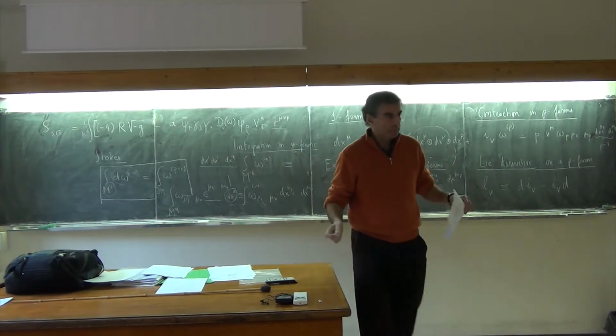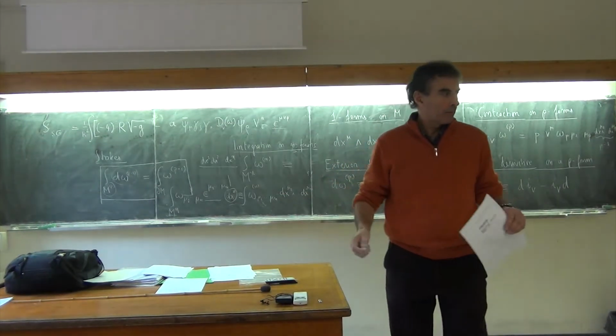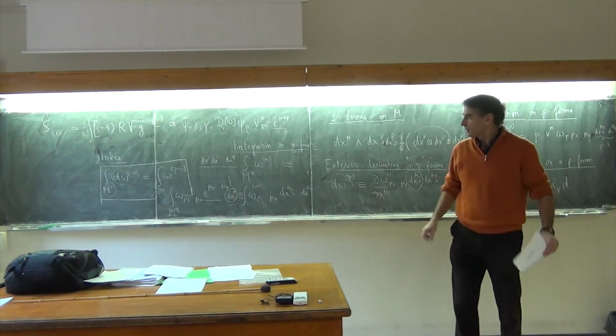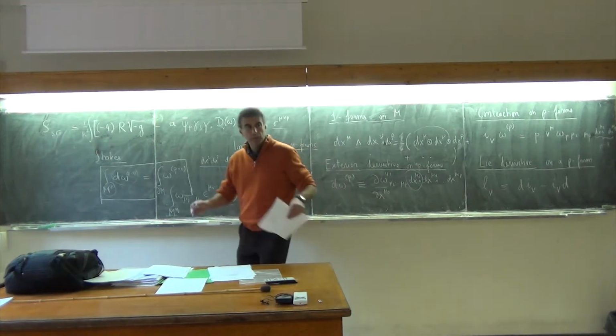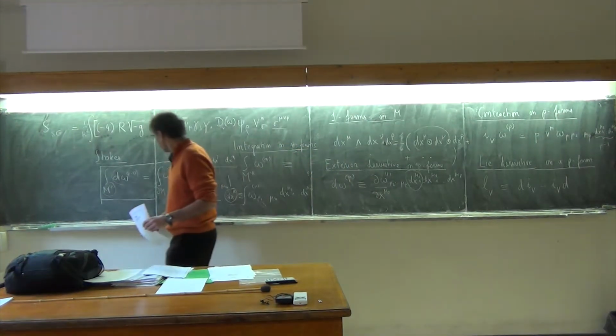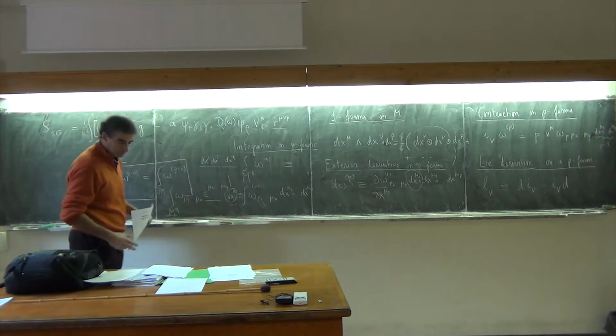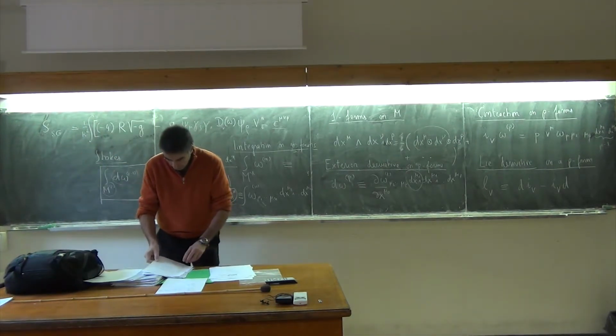If the boundary is at infinity and the fields are 0 at infinity, even if the boundary is non-trivial, you can integrate by parts because you will have no boundary terms. This is the boundary term. Okay.